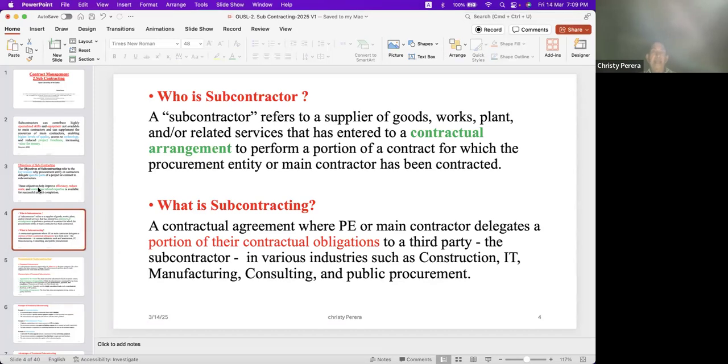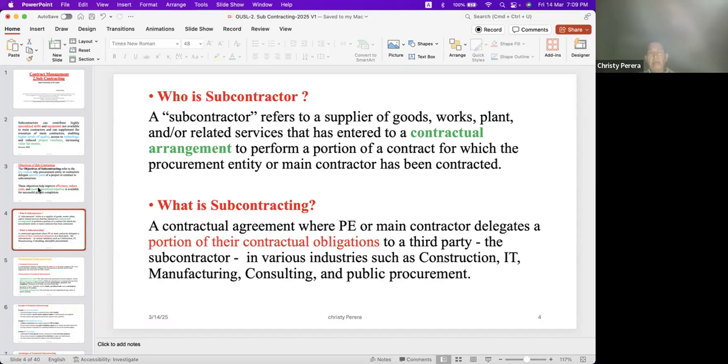Maybe you have heard about that, but not in much detail. In this course we are going to study subcontracts in more detail. What is subcontracting? I explained it, but anyway, we will see. A contractual agreement with whom?